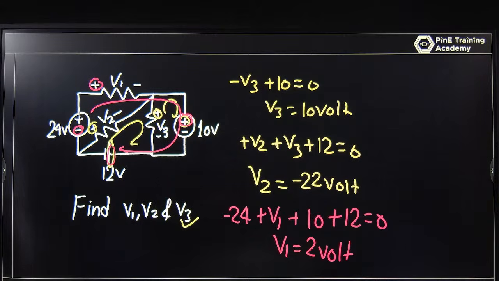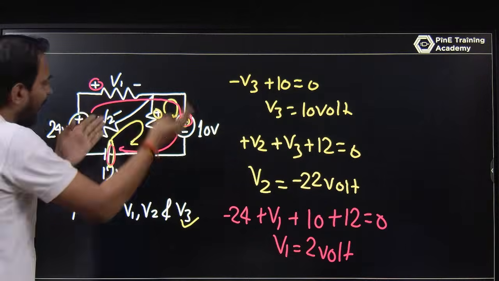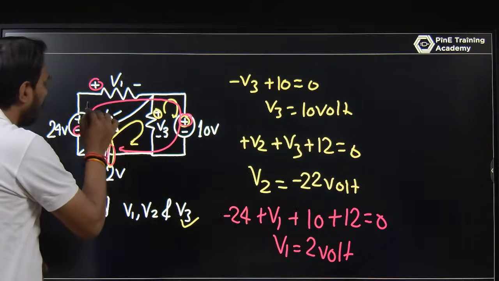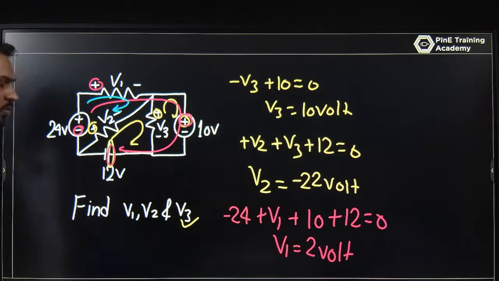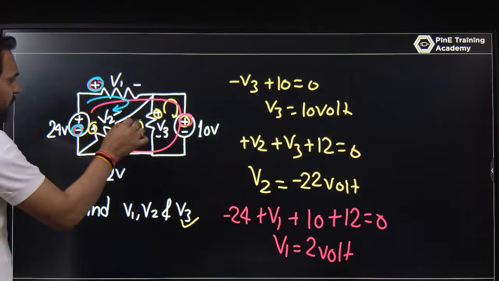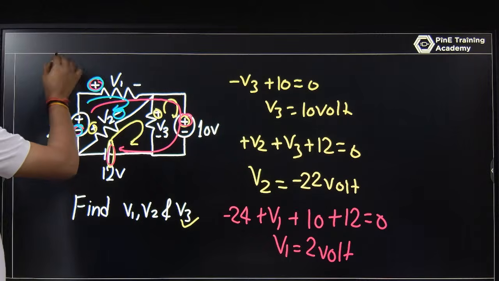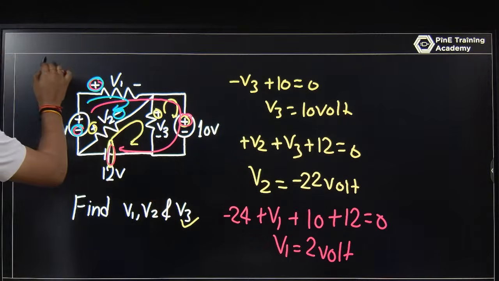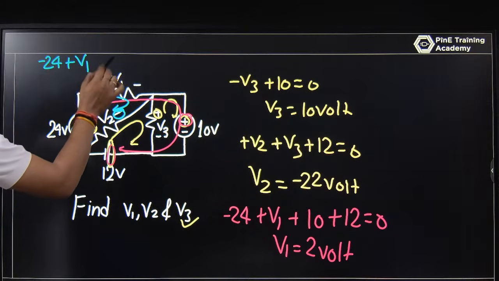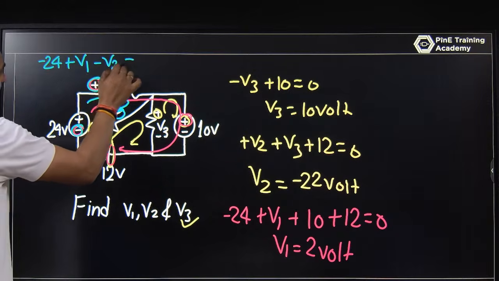Okay. If you are confused about why I am taking this big loop, you can take the smaller loop also. You can take this loop also. So if you are taking this, this is minus, this is plus, and this is minus. So I am using minus 24 plus V1 minus V2. This is also one loop.